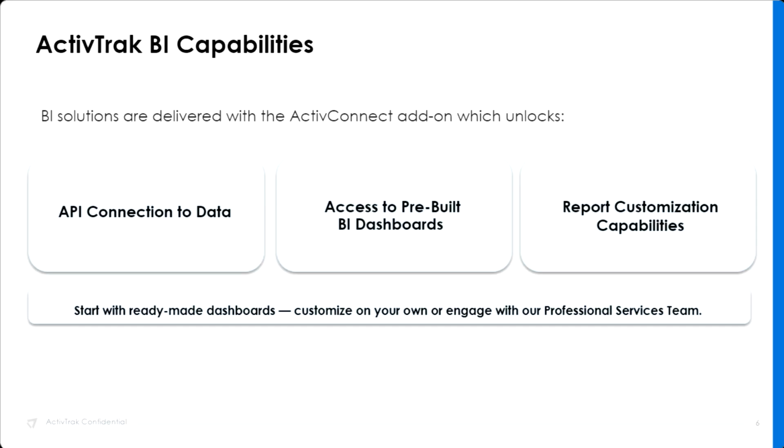If you do go the pre-built BI route, customizing the reports to surface the most important metrics for the viewer, again, change verbiage, maybe move some charts around, etc. It becomes possible and it's easier to do, again, than most people expect. Furthermore, that's all part of ActivConnect.